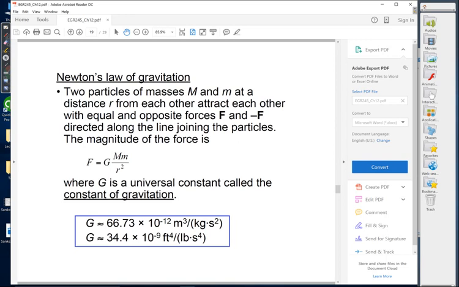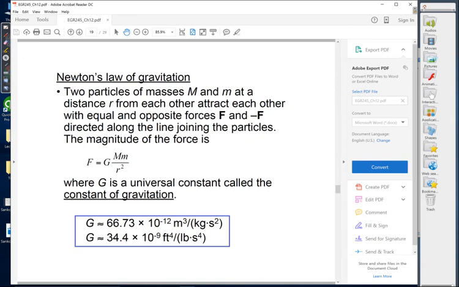If you remember from physics, all he said in that law was that if you have 2 objects of masses, big M and little m, and there's some distance r from each other, then they're going to attract each other with equal and opposite forces. And the magnitude of that force is equal to some constant G times the product of the 2 masses divided by that distance between them squared. And G is what he called the universal constant of gravitation.